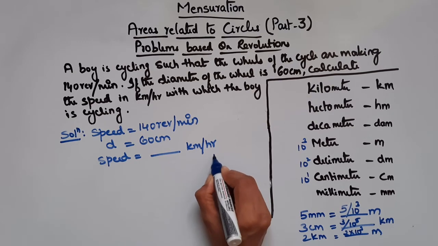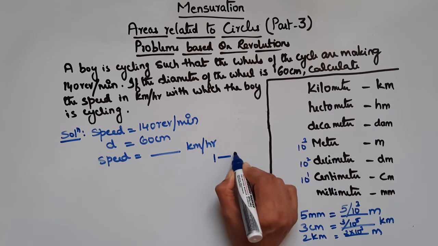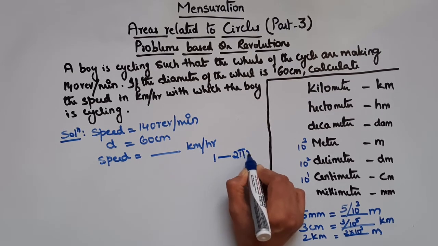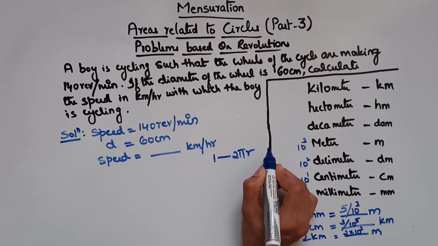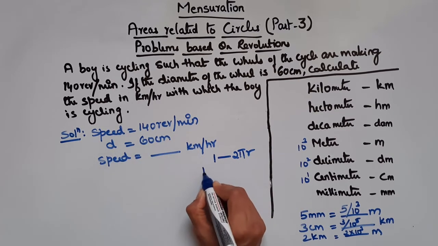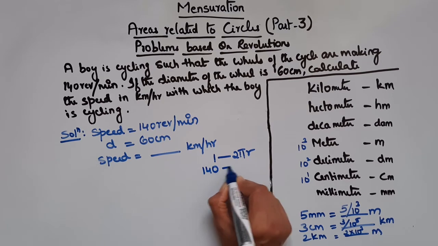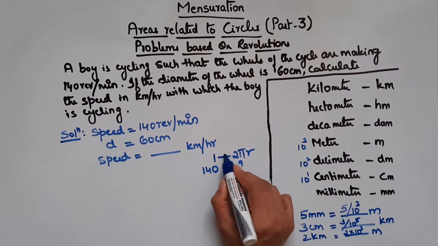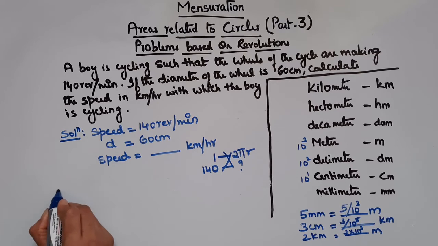We know for 1 revolution the distance covered will be circumference of the wheel. So 2 pi r. So for 140 revolutions, what will be the distance covered? Cross multiply. So let's write that.